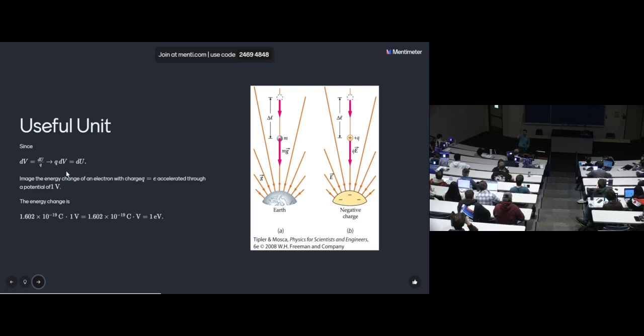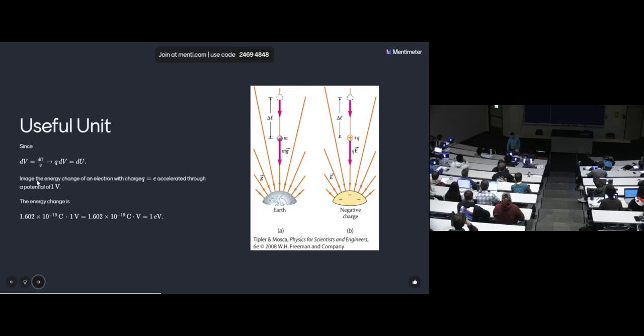I take a proton, I started at 10 volts, it then moves to a region of potential 9 volts, so it's gone down in electric potential energy. Then I have to be talking about how much potential energy it changed. From that, we can implicitly talk about how much the kinetic energy changed because the potential energy changed.